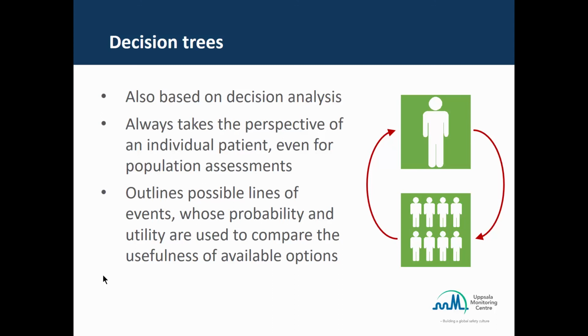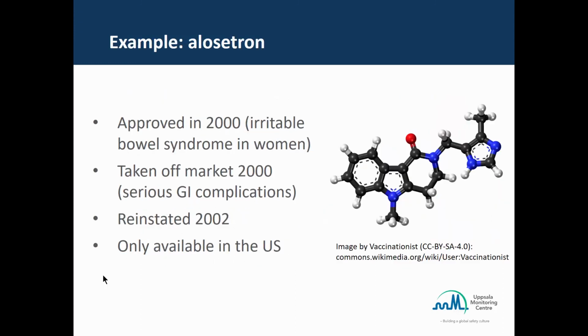It should also be mentioned that decision trees are by nature both quantitative and prescriptive, just like MCDA. They will suggest one alternative as the most useful one, based on which alternative has the highest so-called expected utility. And the example that I will use here is the medicine alosetron.